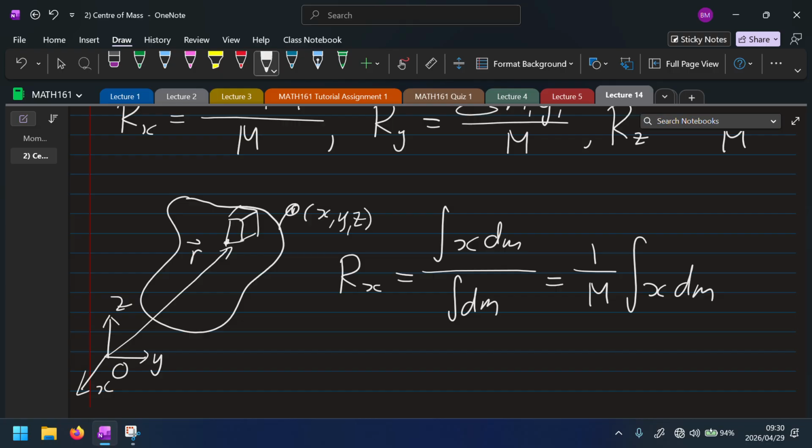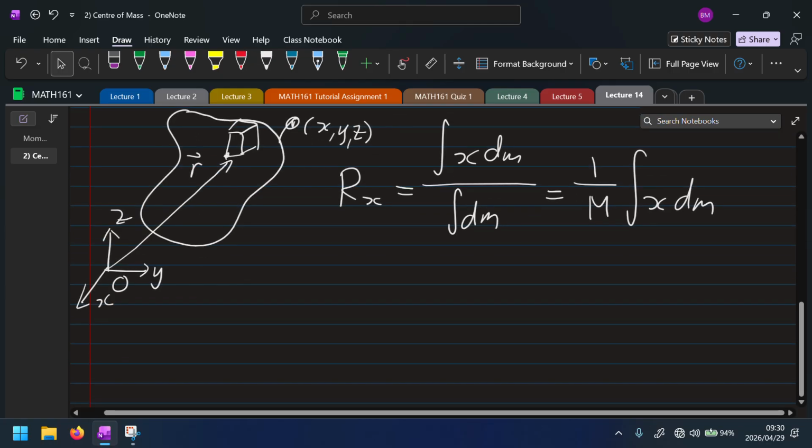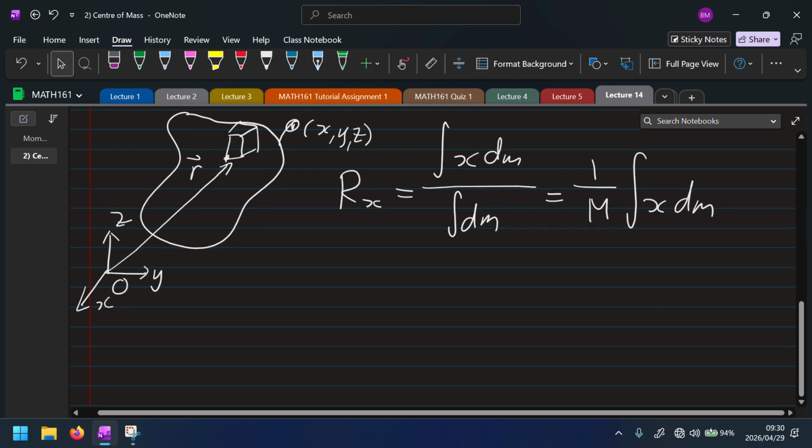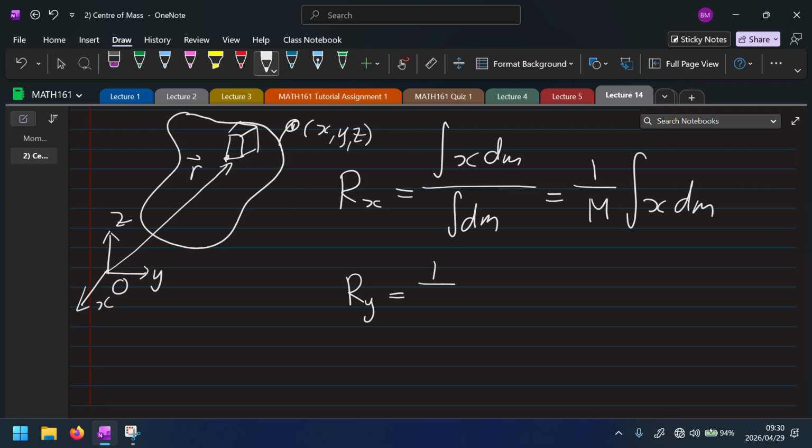So we have that for the center of mass R_x, and we can do the same thing for R_y and R_z. So we have these three.